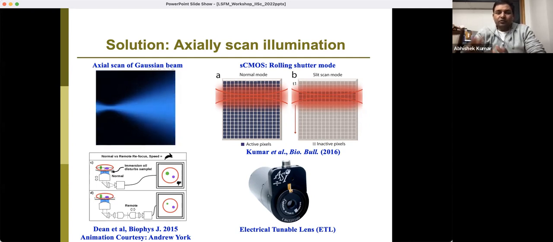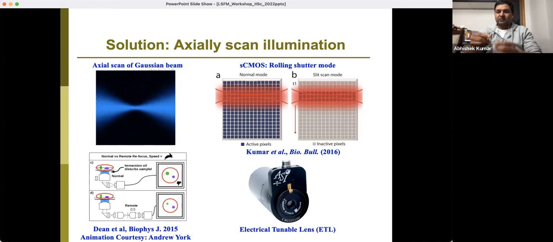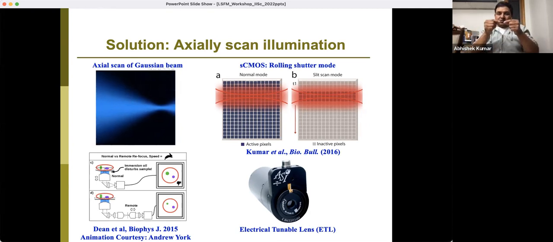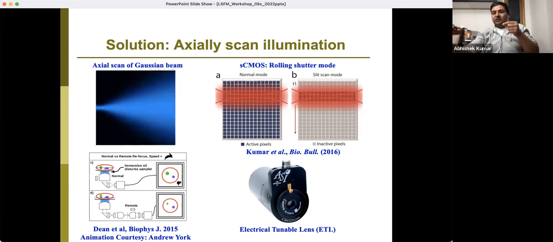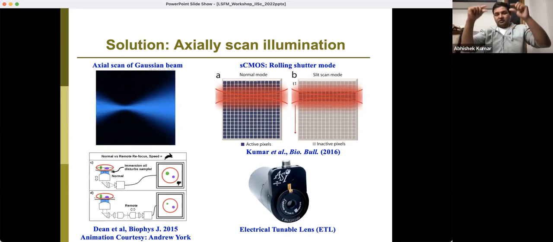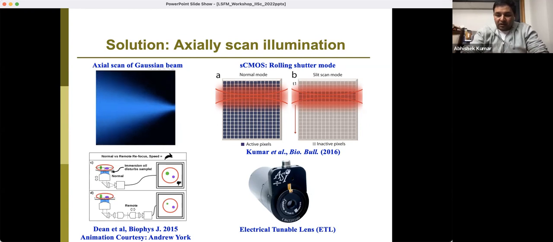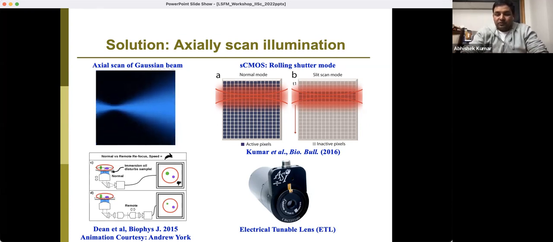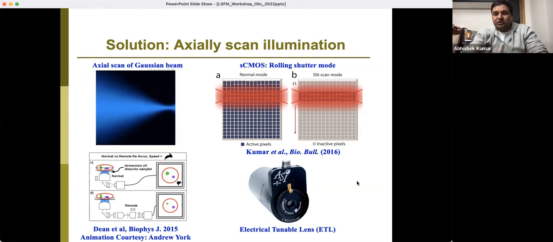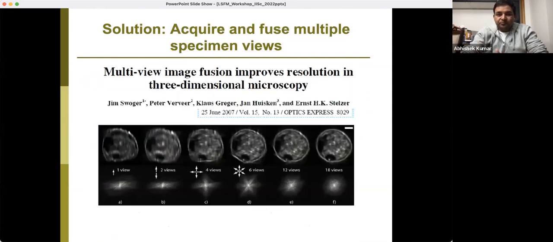So there are different ways, but the overall idea is you just capture the beam waist, and as you are scanning that beam waist in the axial dimension, you reject unwanted photons and just collect the photons which are useful, and this way you can improve your image quality, but at the cost of speed and phototoxicity.